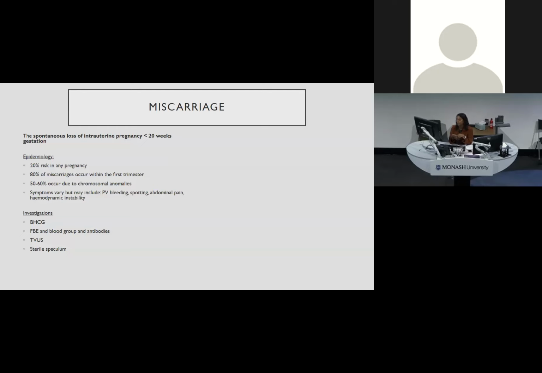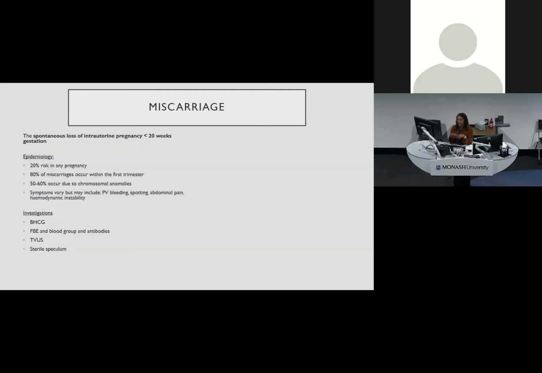So symptoms can vary. You can have spotting, bleeding, abdominal pain, or they can even present unstable with haemodynamic instability. In terms of investigations, again, beta-HCG, ultrasound, you want to do your blood group and antibodies to assess rhesus status, and also speculum. The speculum's there to look at the status of the cervical os, if it's open or closed, or if you can see any products of conception being lost.